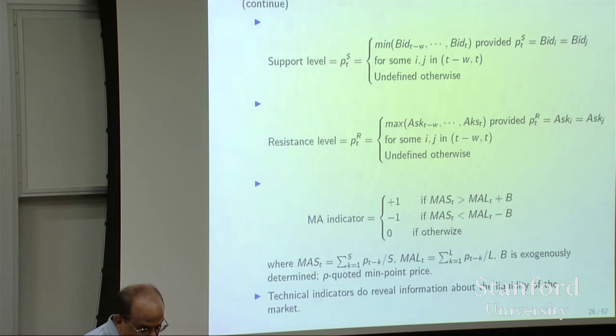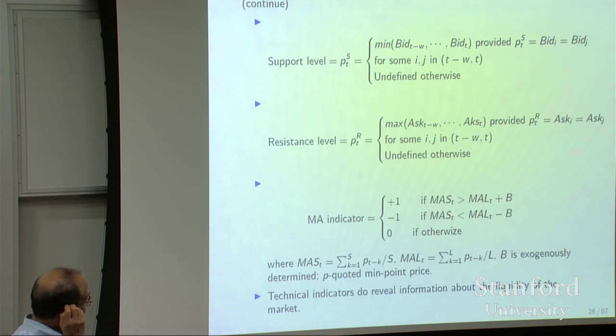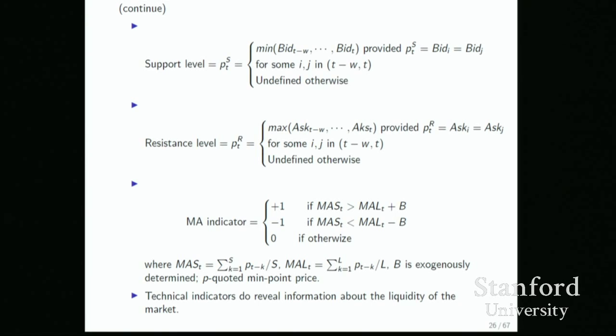There is a set of rules that people have developed here. They call them support level and resistance level. Remember that we briefly talked about this. The order book has two sides to it, the ask side and the bid side, and the order book changes very rapidly.